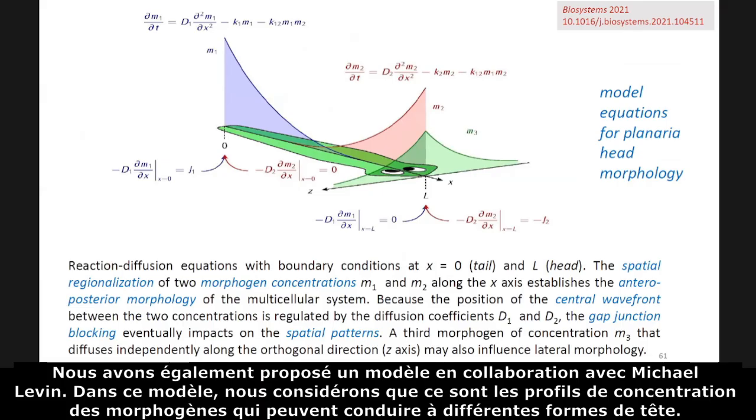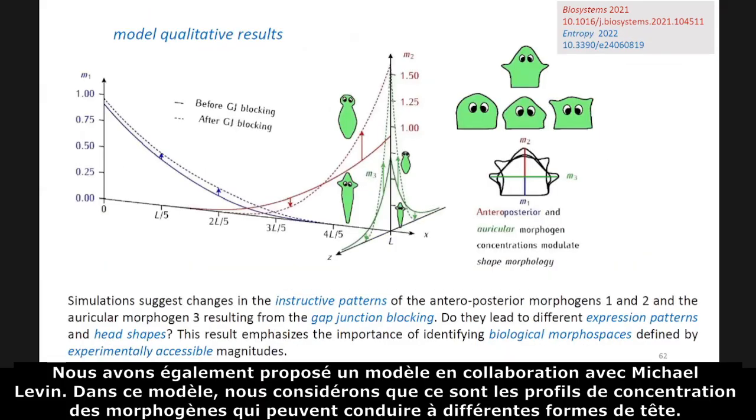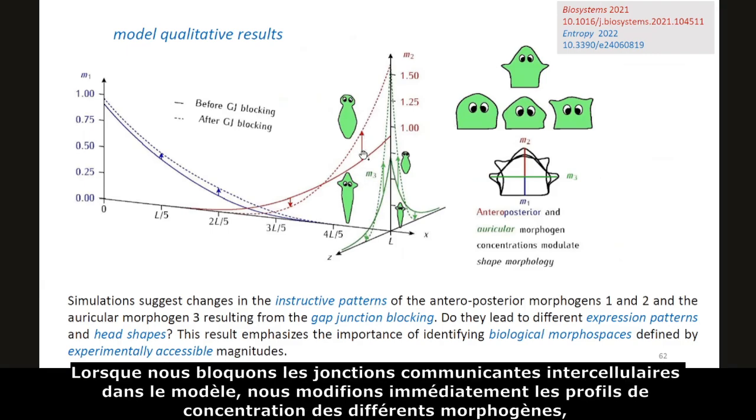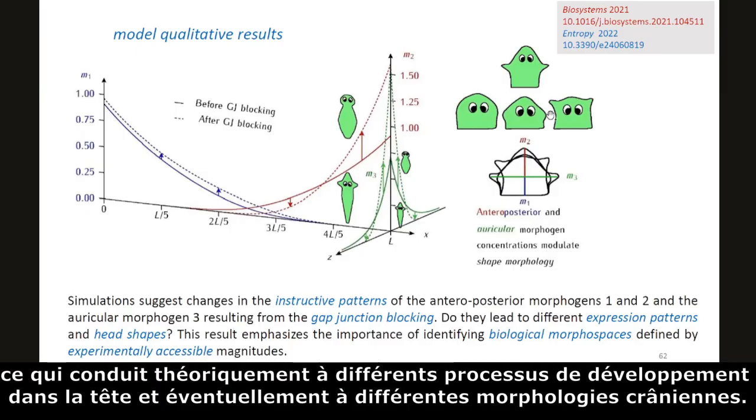In this model we consider that it is the morphogen concentration profiles that are able to lead to different head shapes, and when we block the intercellular gap junctions in the model, we immediately change the concentration profiles of the different morphogens, which leads, at least from a theoretical point of view, to different developmental processes in the head and eventually to different head morphologies.